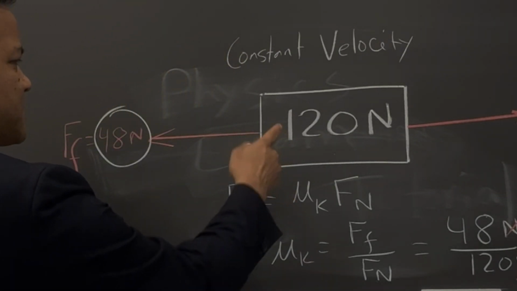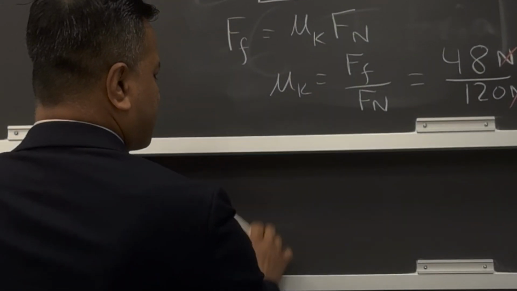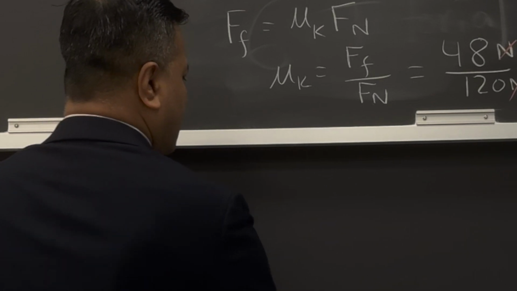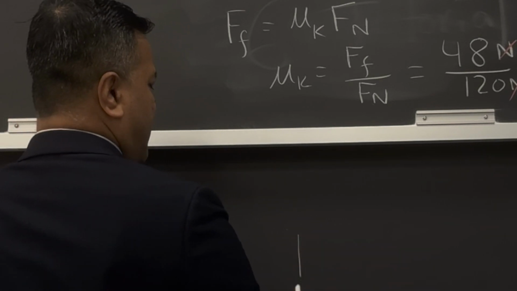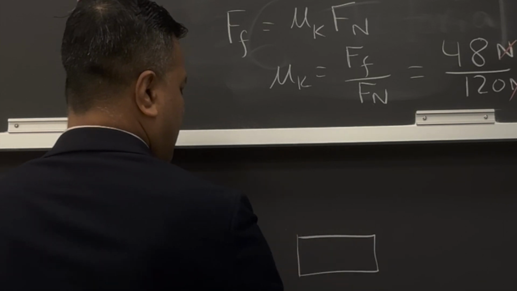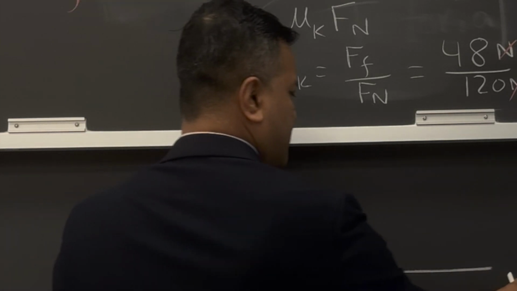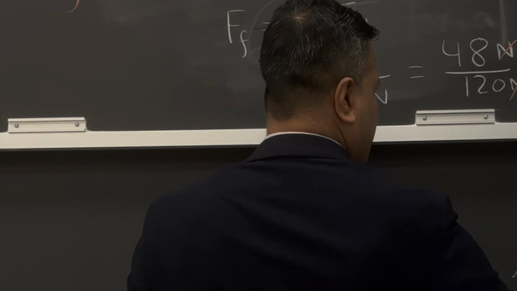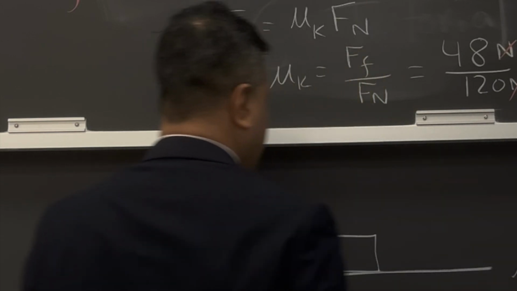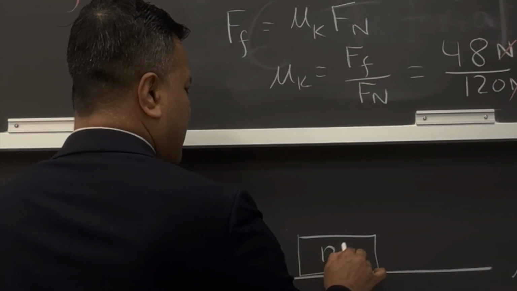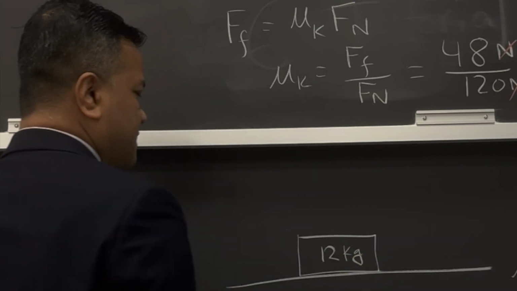Why is Fn 120? Well, pretty simple. It's because the mass is sitting on a surface whose coefficient of friction is 0.4, and this is a 12 kilogram mass, right?